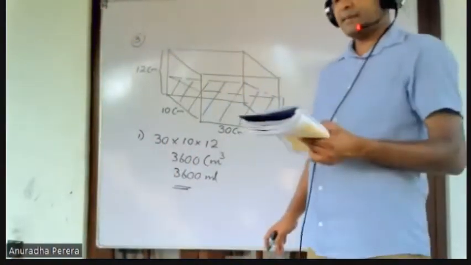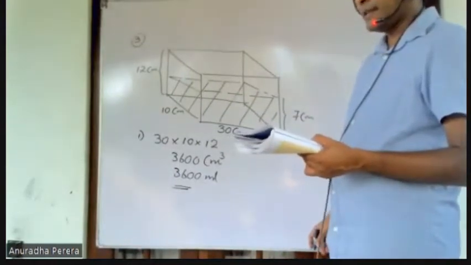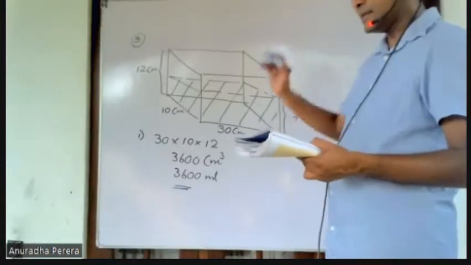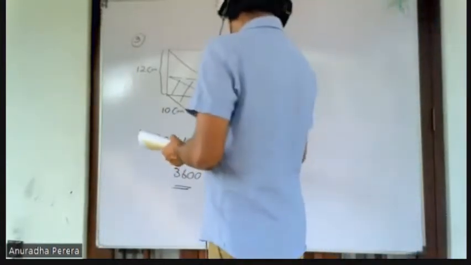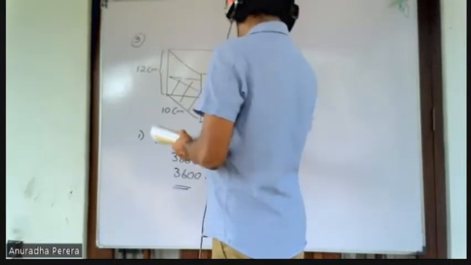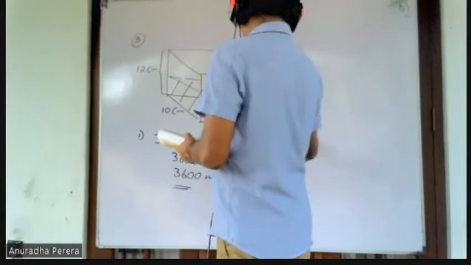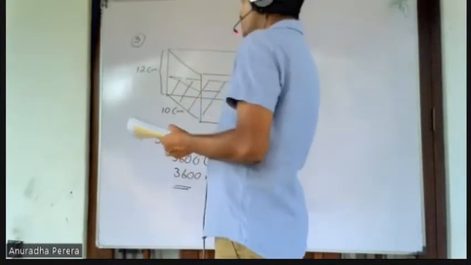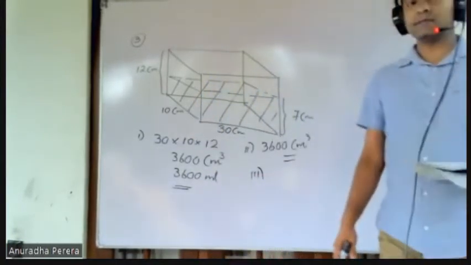The second question, the volume of water required to fill the whole container. We can represent the water volume. It is 3,600 cubic centimeters, right? Usually a volume is expressed in cubic meters or cubic centimeters.